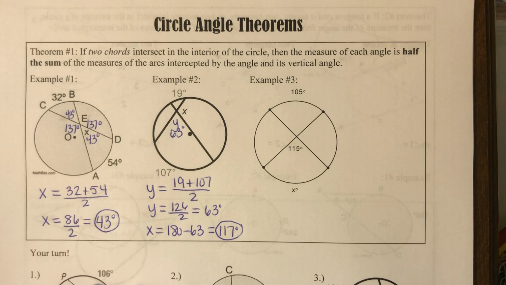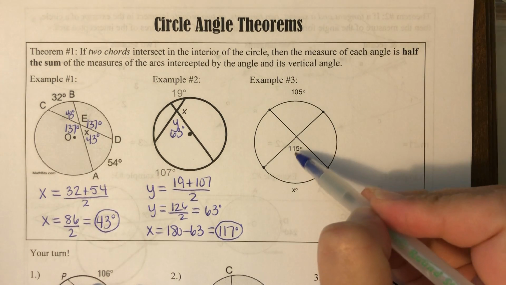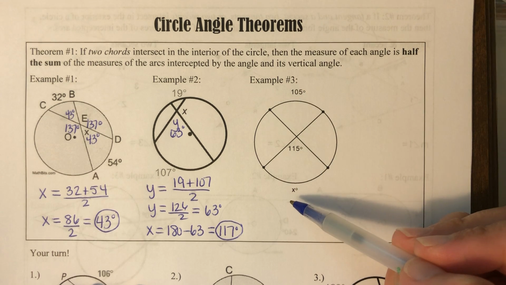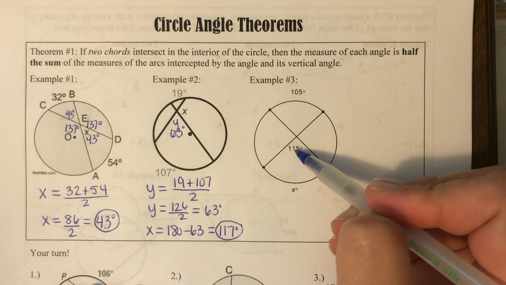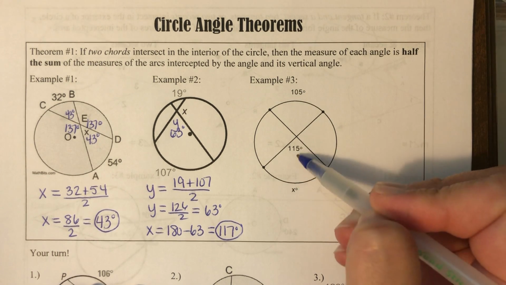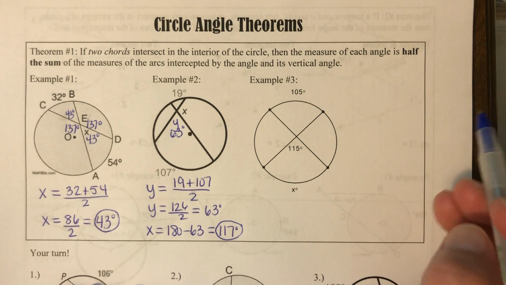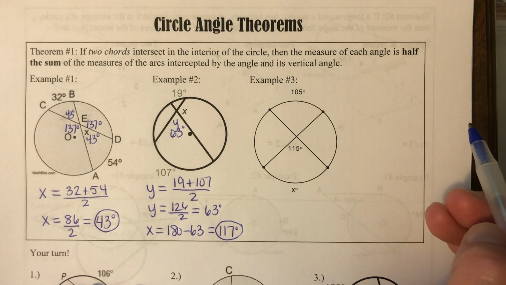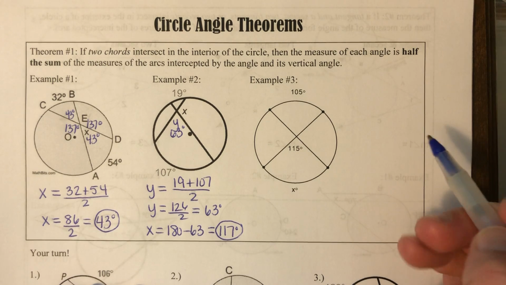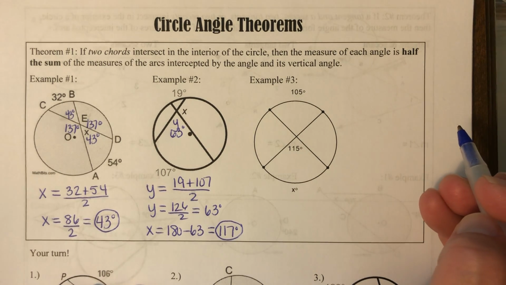All right, example 3, a little trickier. This time, the thing we're looking for is not the angle, it's one of the arcs. Notice the angle is still perfectly opposite its arcs. So we're setting up the same equation, however, the variable is going to move to a different place.